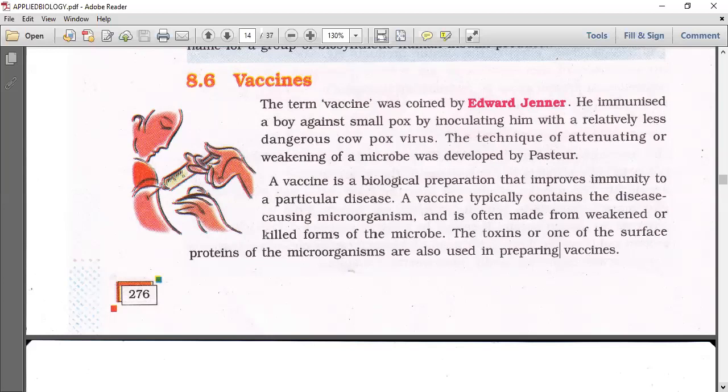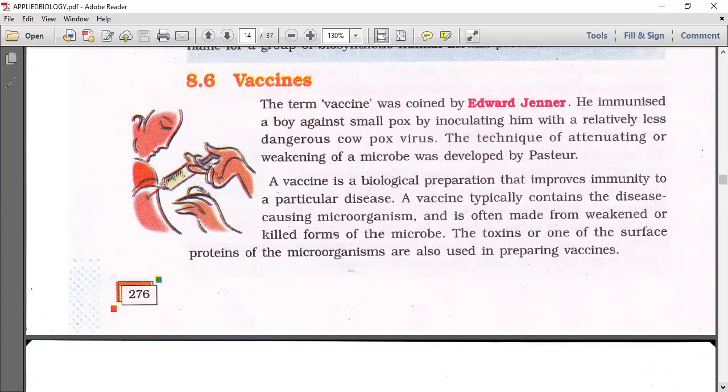Like smallpox, there is a cowpox virus which infects cows. It is like a cousin of smallpox, a weak virus compared with what affects human beings, but it is able to cause disease in cows.